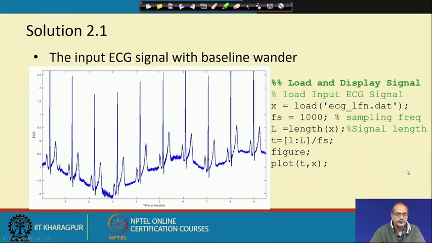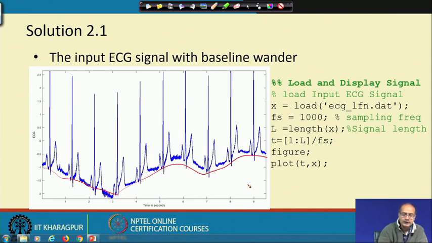So, here we get the plot, and what we notice is that if we look at the baseline or the isoelectric line, rather than being horizontal, it has a variation like this.